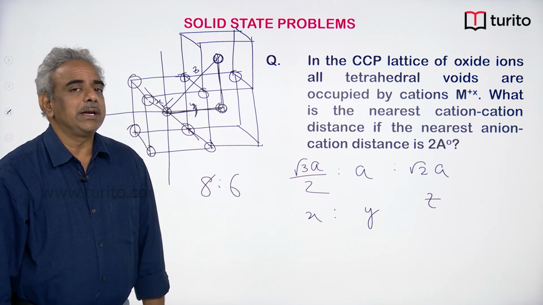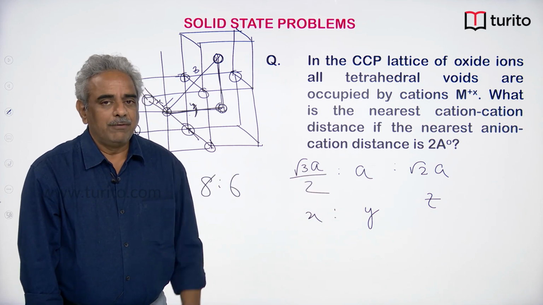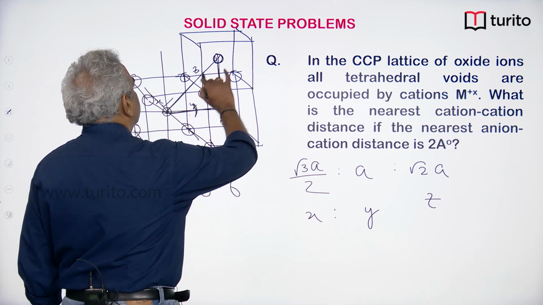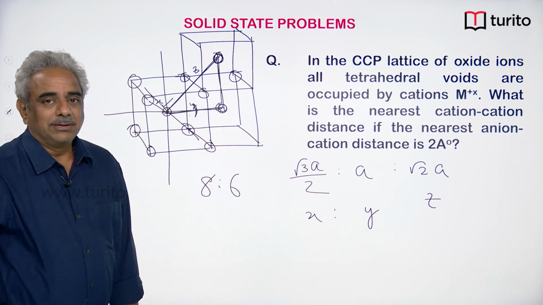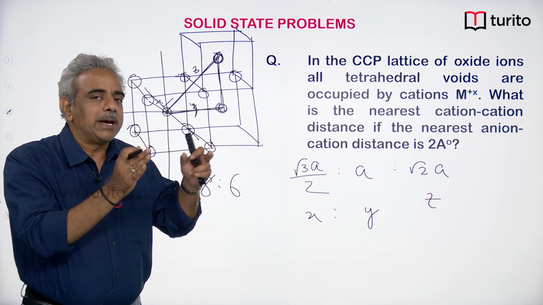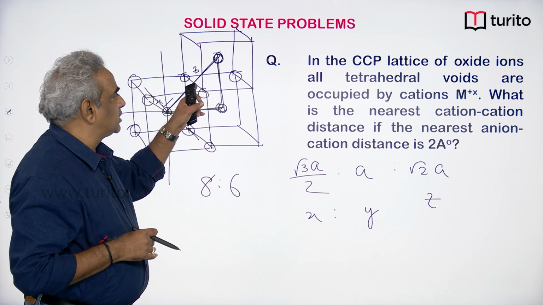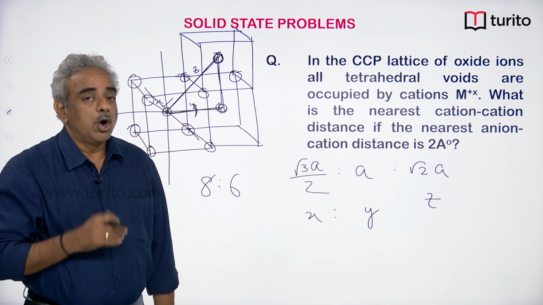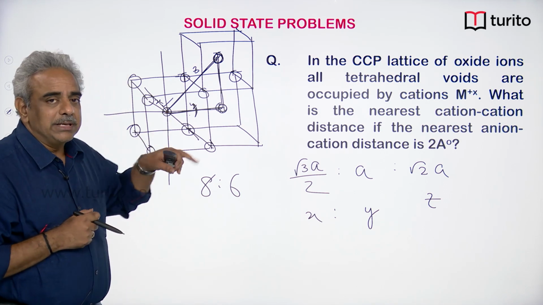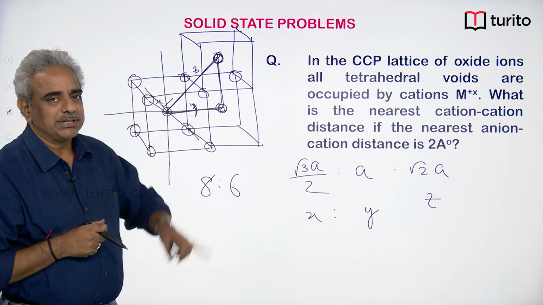What is the third nearest number of atoms? Just now we have calculated. Where do you find the third nearest atom? If you travel through the edge, you will find that. That is the third nearest atom. How many such atoms will you find? How did you travel to reach that sphere? Across the edge. How many such edges are there around this sphere? This being at the center of the cube has got 12 edges.